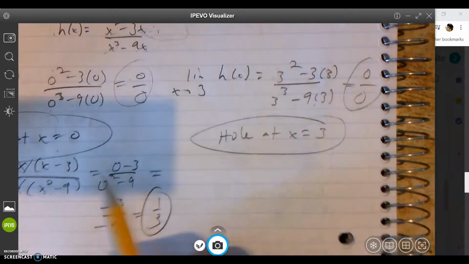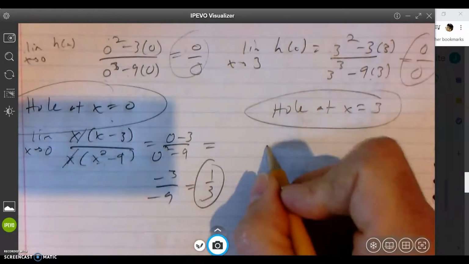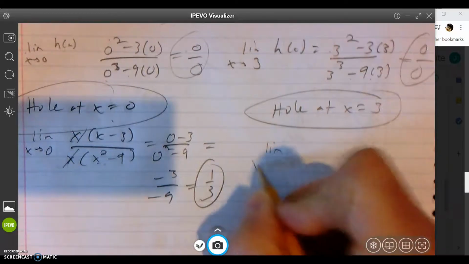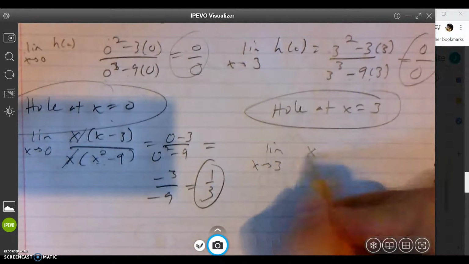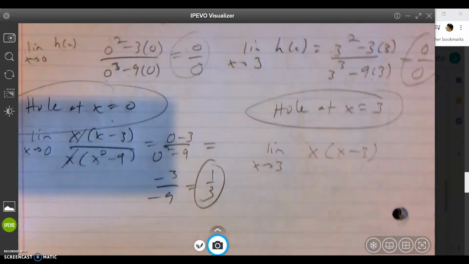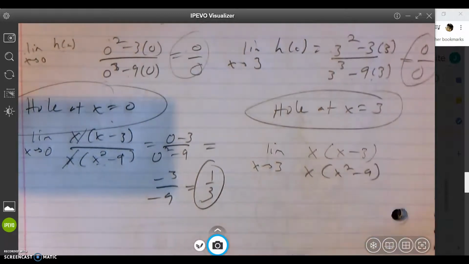So we already factored this thing, so we already got it here. So the limit as x approaches 3, I'm going to write this down again. So it's x, I took an x out of the numerator, and I took an x out of the denominator. Bam.